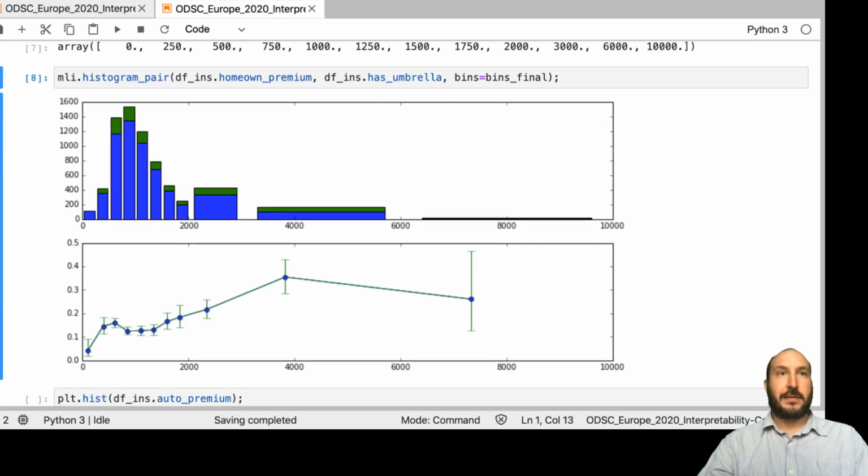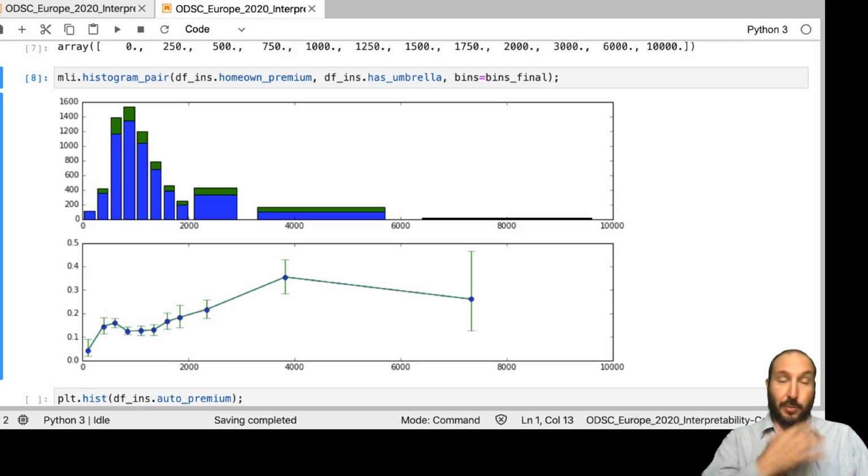One is a stacked histogram, where the blue represents the zeros and the top part represents the ones. So for each bin, I can visually see the proportion that are 0 versus 1. And then I plot those proportions on a line.